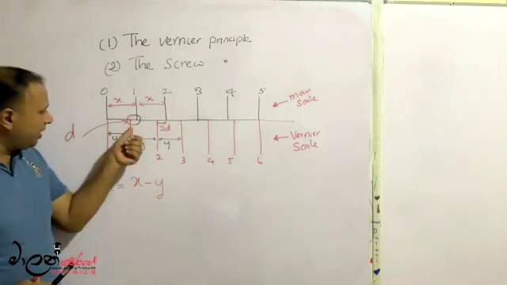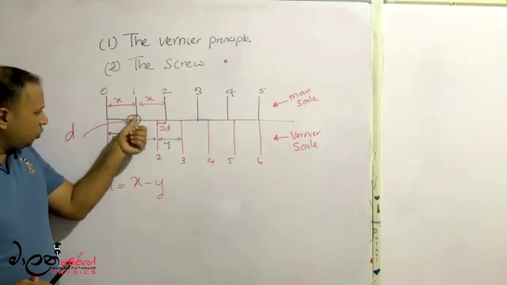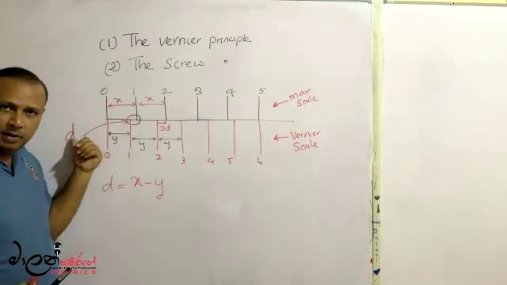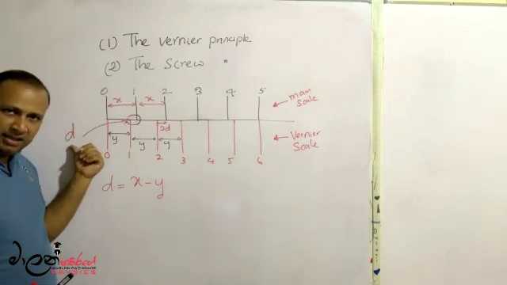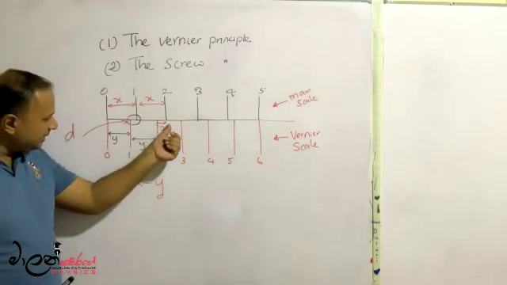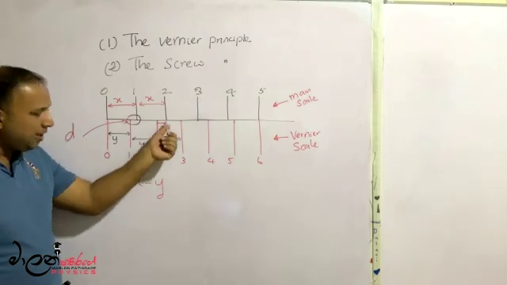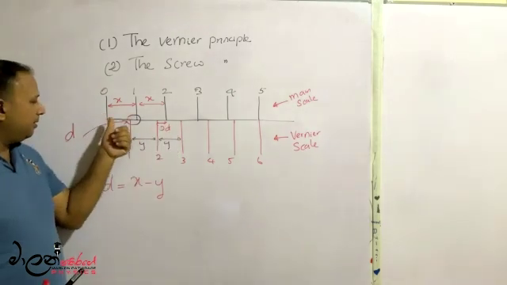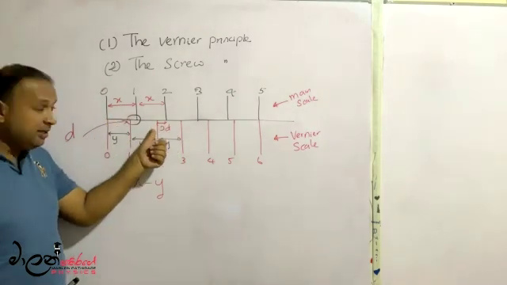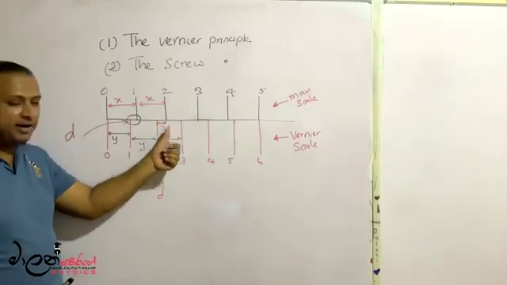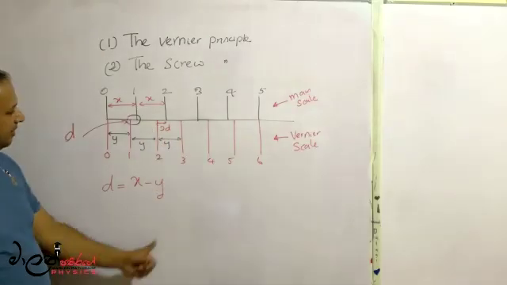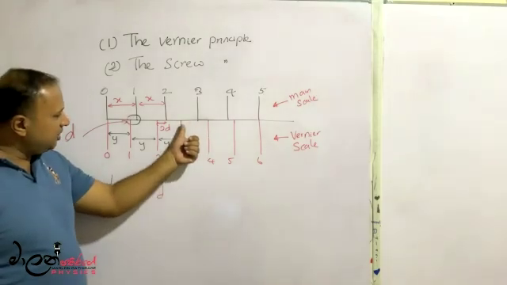The gap between these two marks is D. If this one is D, the gap between these two marks should be 2D, because there's 1D here and another D here, therefore both should be added. Then, what is the gap between these two?